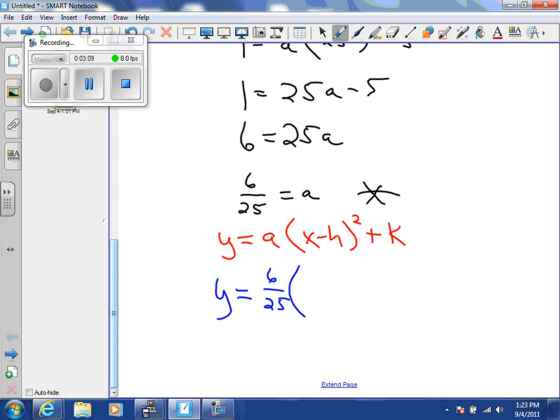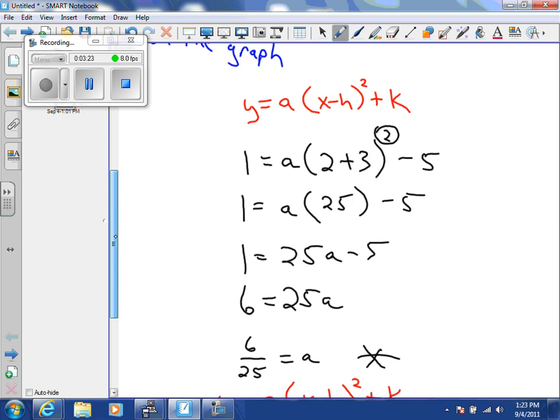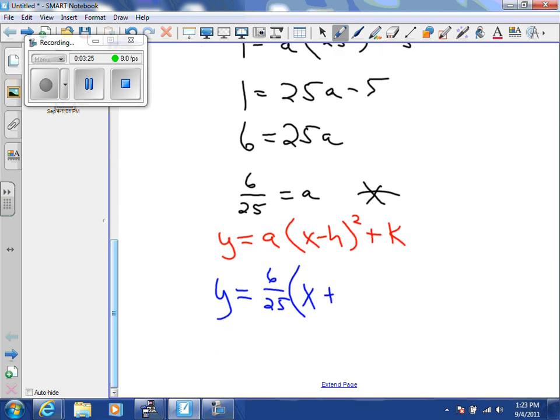So you can tell that the graph will be either stretched or shrunk. I'll let you think about that before we check it. Times (x minus h). Well, remember, the h, k was negative 3, negative 5 up on top here. So that's going to become plus 3 inside the parentheses, squared, minus 5. Again, that k was negative 5 up there.